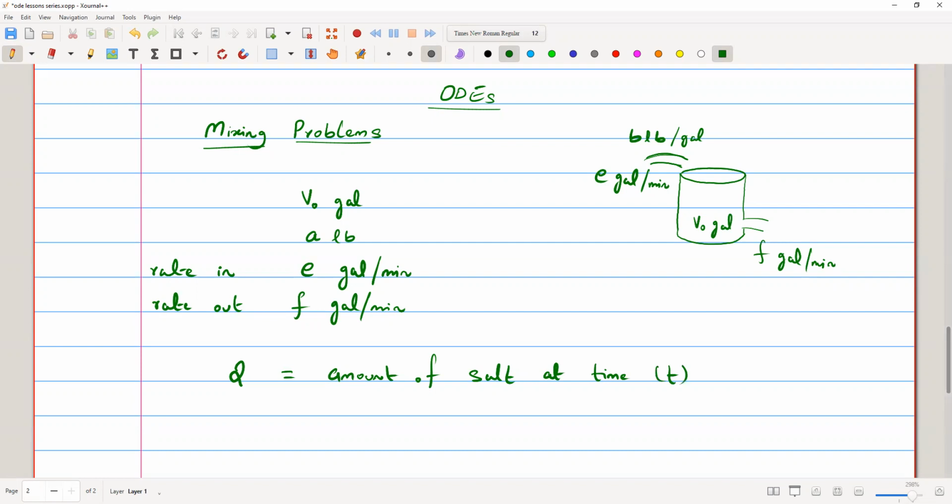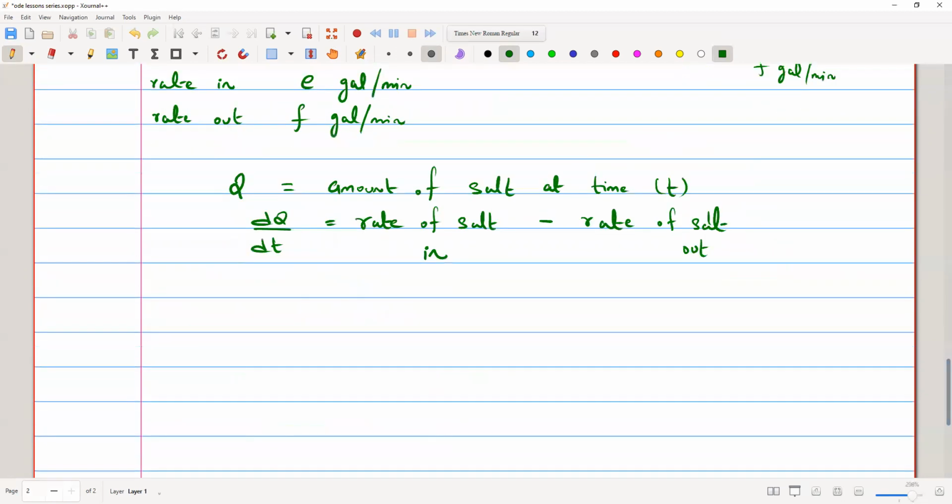All right, so the rate of change of this amount of salt can be given by the rate of salt coming in minus the rate of salt going out, right? So the amount of salt can be given by this expression at any time t.